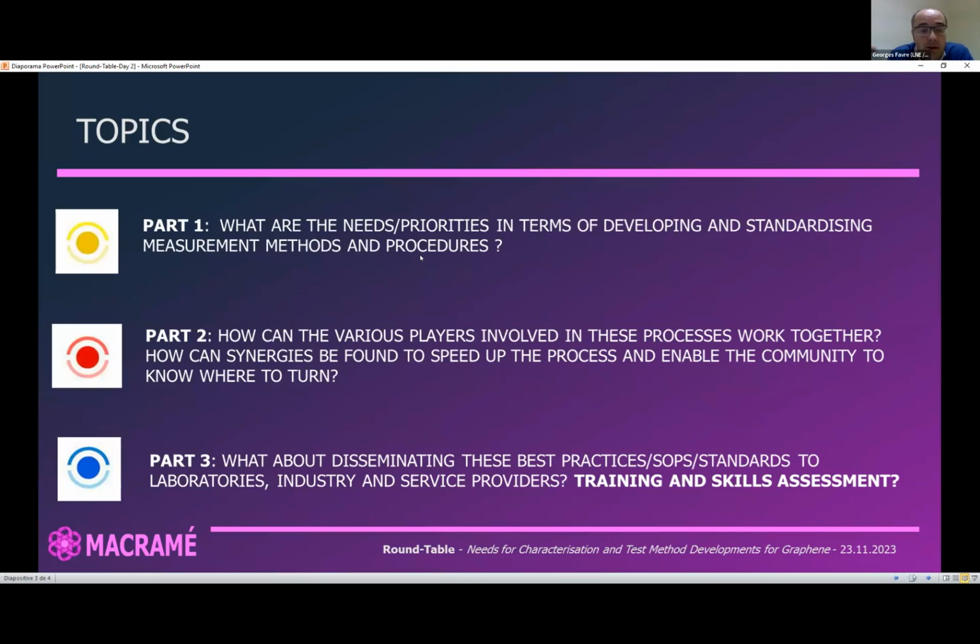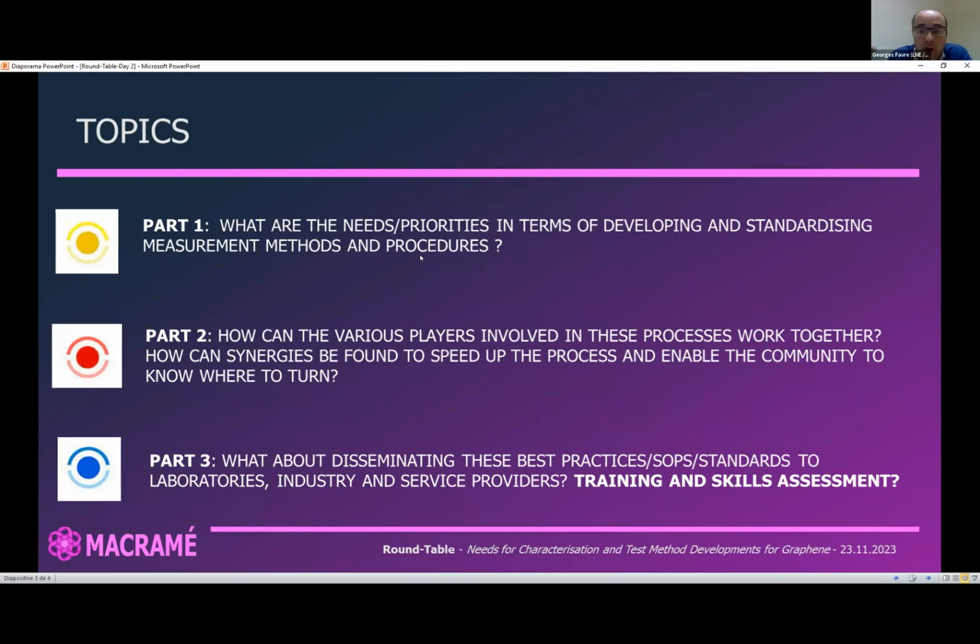Second point is how the different players involved in this process can work together, and how synergy can be found to speed up the process of pre-standardization of testing methods to support, in particular, regulation on advanced materials and graphene-related 2D materials. And at the end, also to enable the community to know where to turn, to contribute, or to collect information regarding best SOPs to be used.